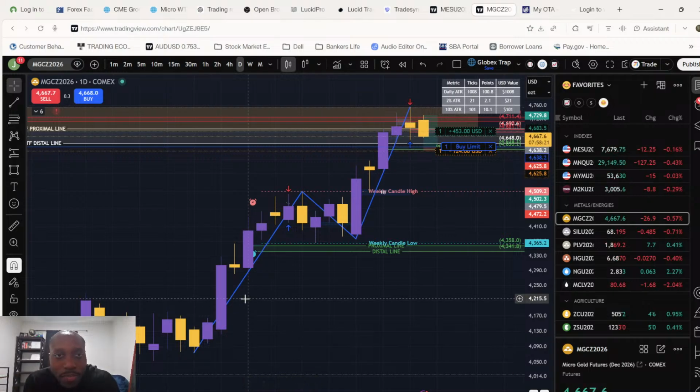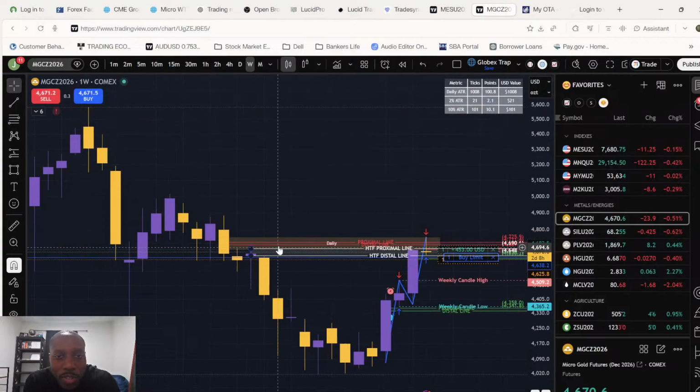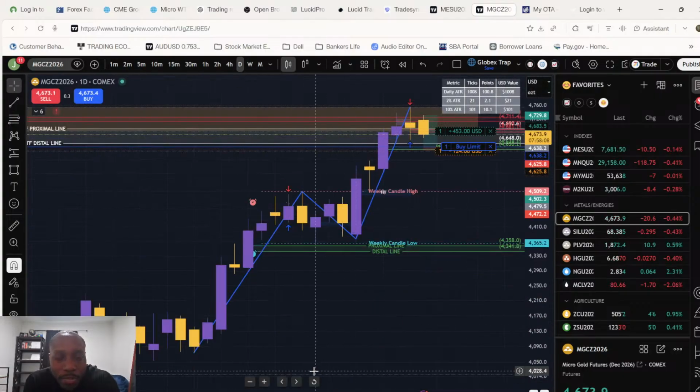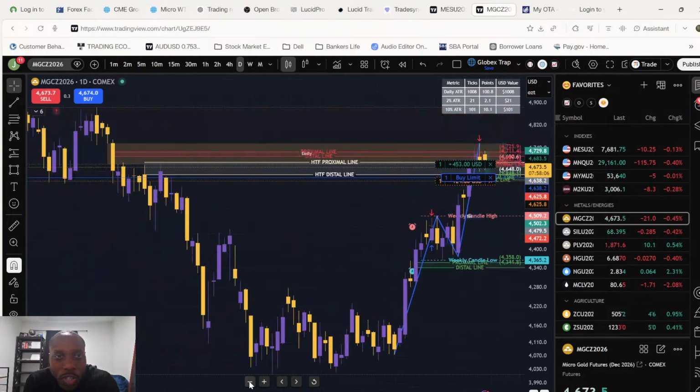We'll see. Again, we are on a higher time frame daily gap also, coming out of a higher time frame daily gap, so high end of a curve.